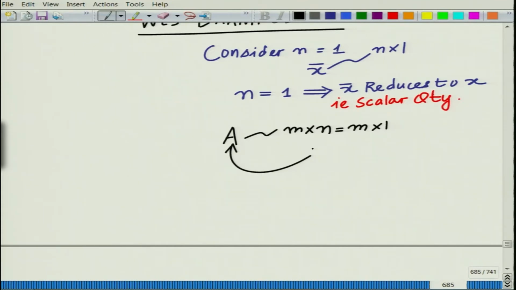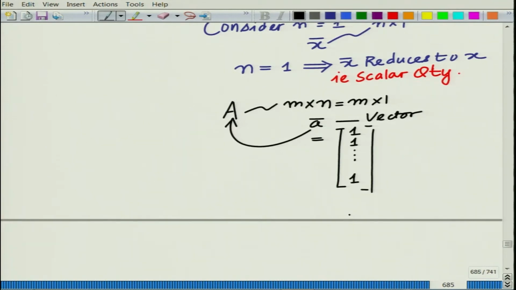I can think of this rather as the vector A bar, and in this example we are going to set this equal to the all one vector. Size of this is m cross 1, and I am going to also denote this by 1 bar.